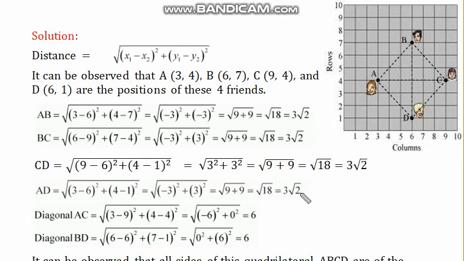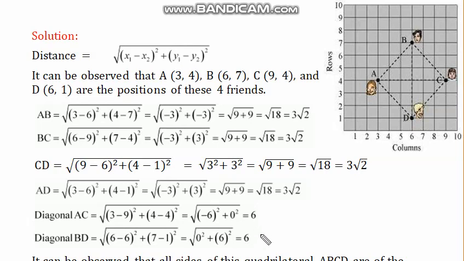So now we know that it may be a square or a rhombus. Next we need to verify the diagonals. The diagonal AC is 6. And next, the diagonal BD using the distance formula is also 6. So the lengths of the diagonals are also equal.